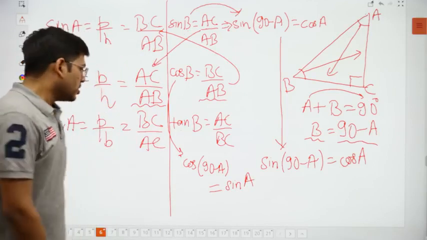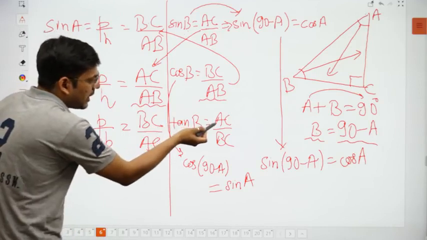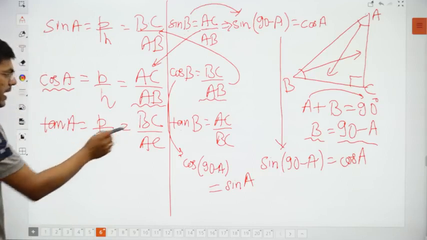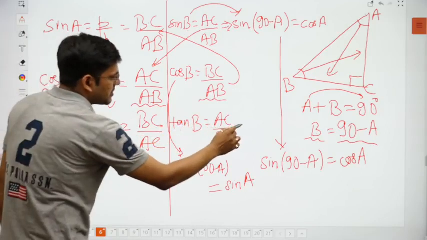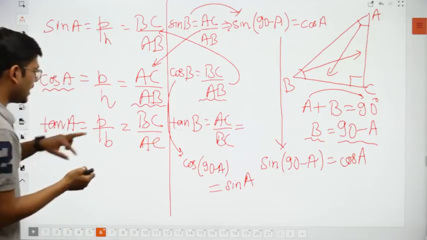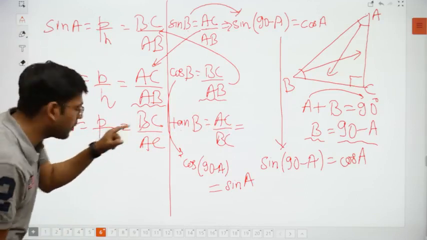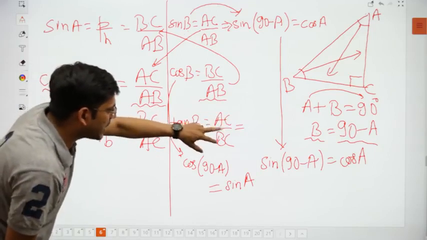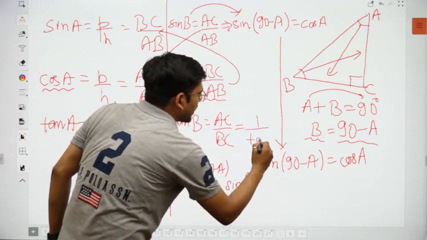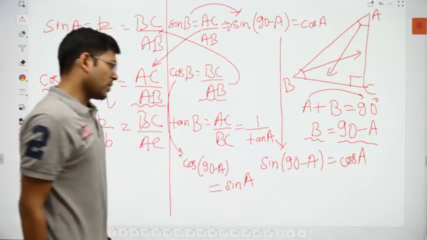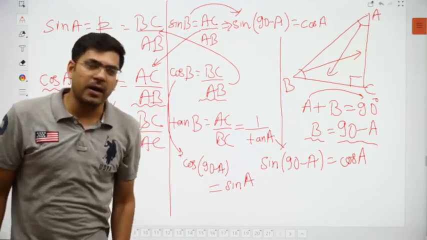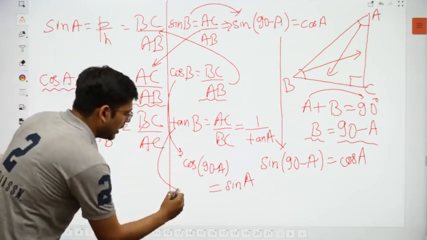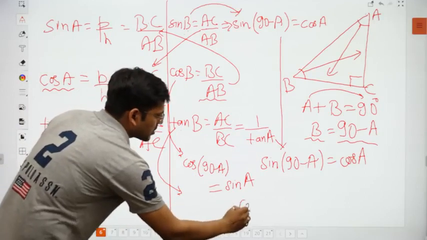What about tan B? See, tan B is AC by BC, and here it is the reciprocal, BC by AC. So if I have to get this AC by BC, I can write it as 1 upon tan A. Can you get it? 1 upon tan A. You have remembered, just now I have shown that the reciprocal of tan is cot.